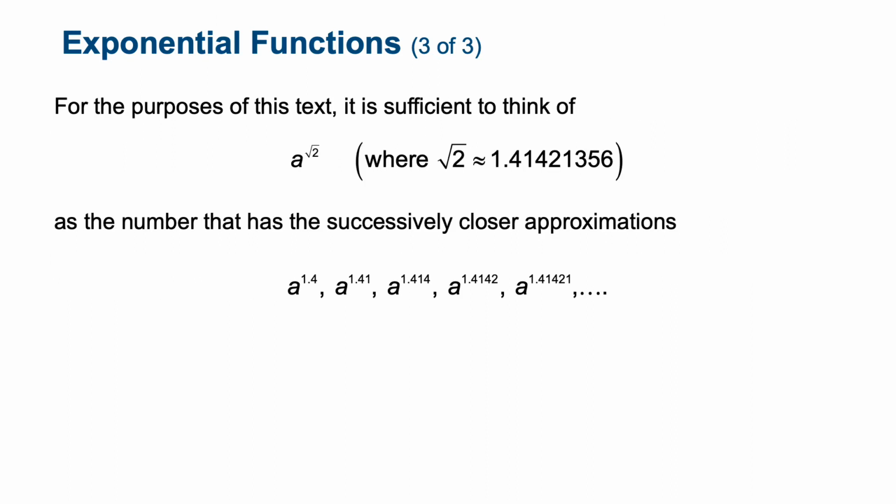Remember, the square root of 2 is irrational. It is approximated by this crazy decimal, 1.41, and so on. You can think of a to the power square root of 2 as a number that gets approximated closer and closer as you include more decimals of the square root of 2.